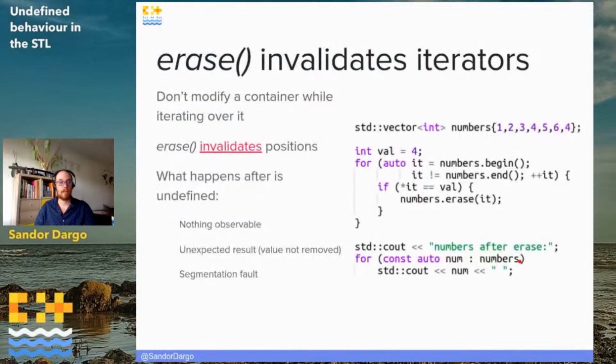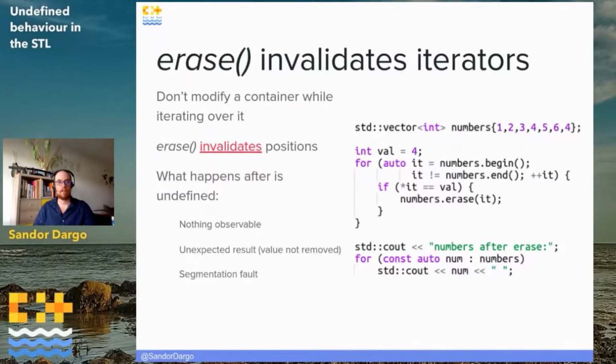So I mentioned that iterators might get invalidated. An important thing to keep in mind is that you shouldn't modify a container while you're iterating over it, because iterators have a certain validity. They have a lifetime. And there are certain calls that will invalidate the iterators' positions.